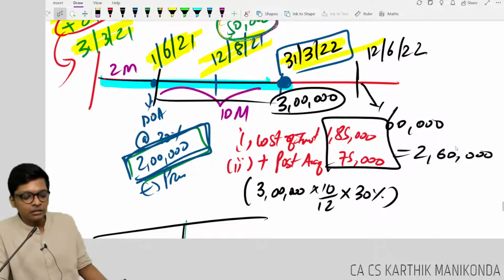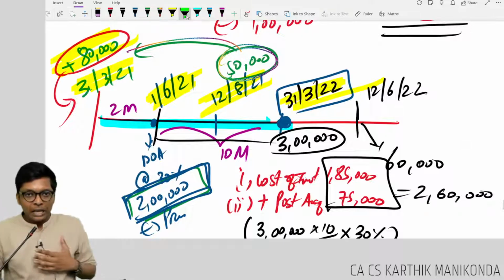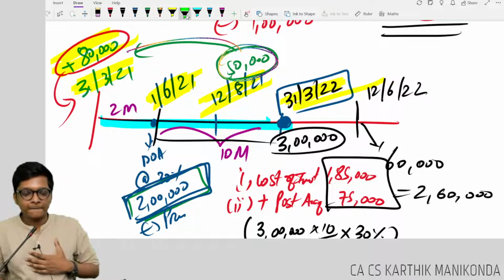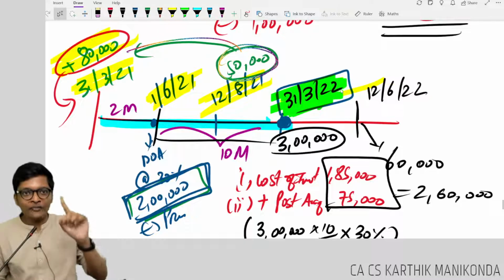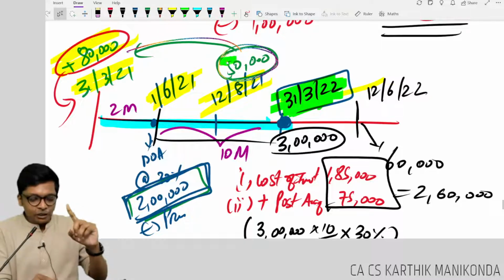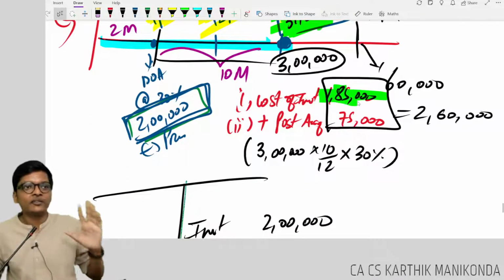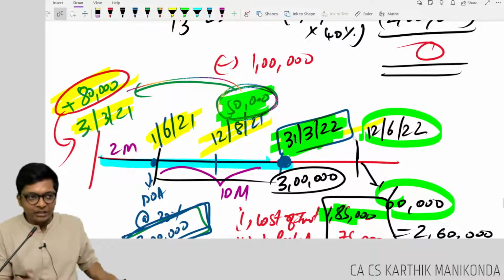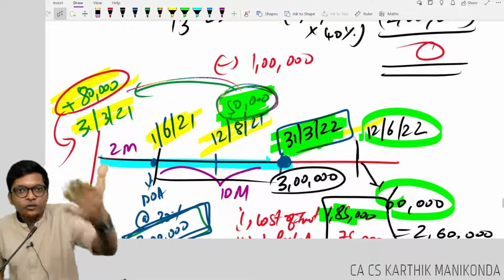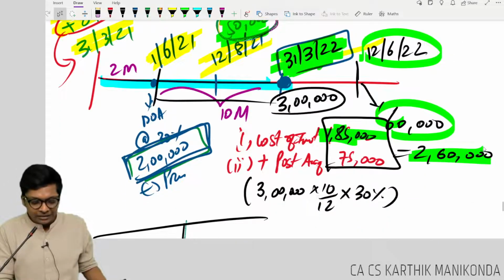Should I reduce dividend? Now, I am finding on which day? 31st March. So as of this day, so far only one dividend of 50 was declared, which is already reduced in my cost of investment. Sir, what about this 60 dividend on 12th June? Yet to declare. In the future only it will come. So now value is 2,60,000.